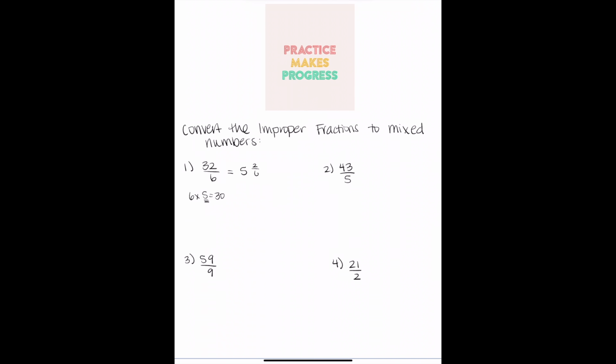And then what's left over would be 2. So it would be 5 2/6. For our next one, we have 43 over 5. We know 5 goes into 43 8 times fully, right? That gives me 40. So the remainder would be 3. So 8 3/5.